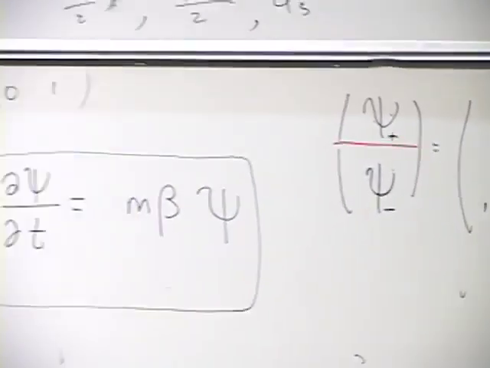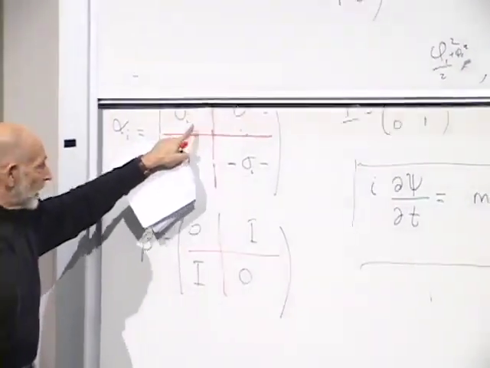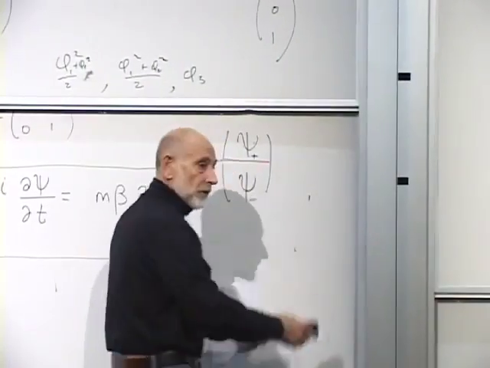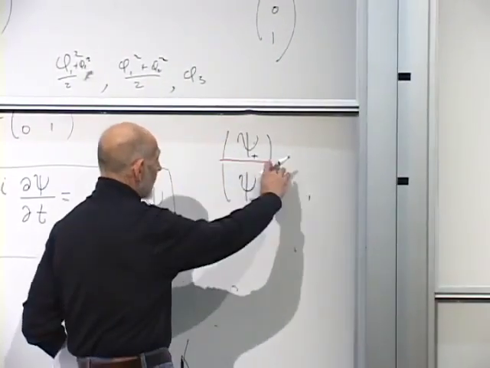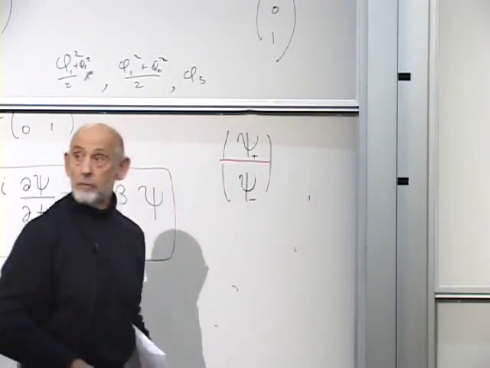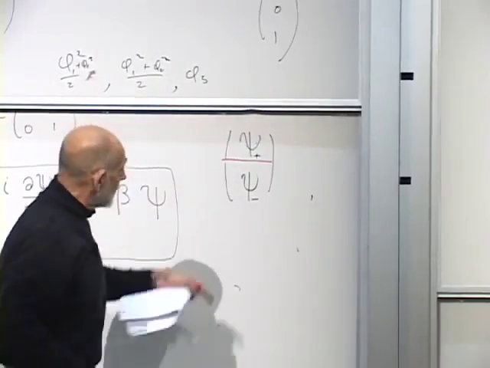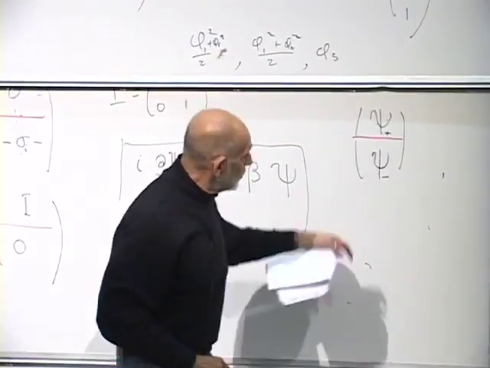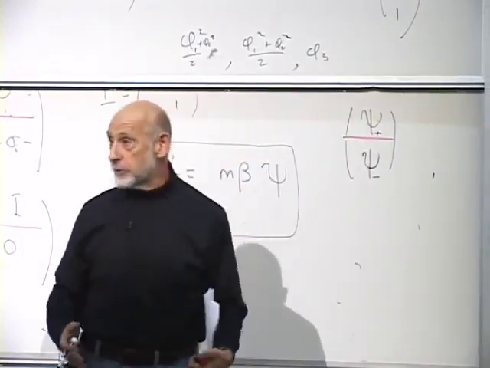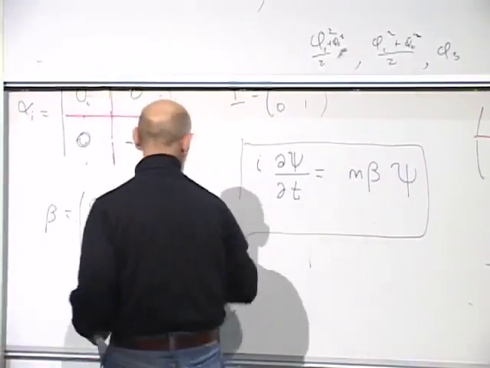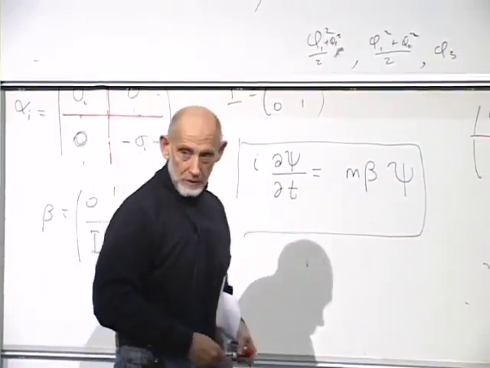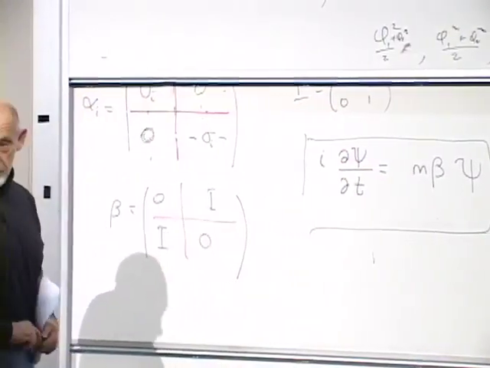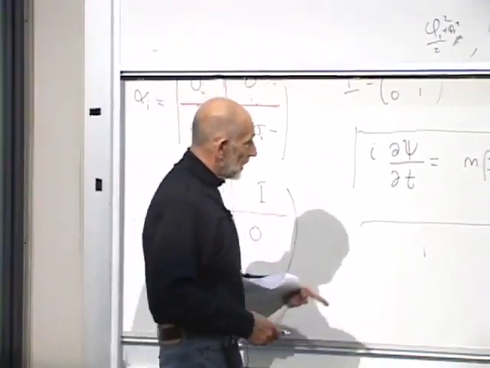I divided up matrices by just drawing some red lines and doing 2 by 2 matrices in here. We'll divide up the spinors, the column vectors, by just dividing them in half, and in each place put a 2-component object. So psi plus and psi minus are themselves 2-component objects. Two 2-component objects make a 4-component object. It's just a pretty way to organize the Dirac indices, the Dirac structures here.